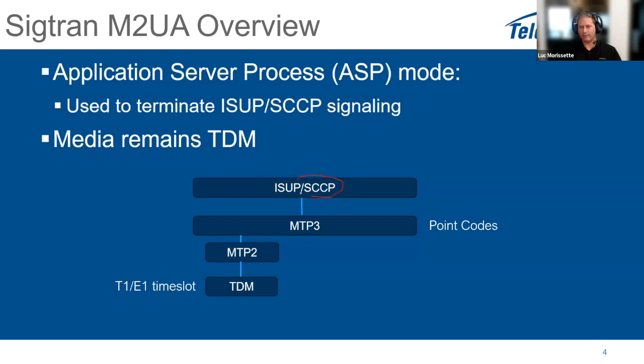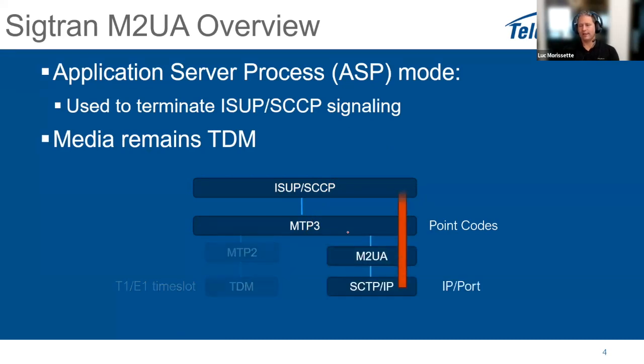The other layer that can terminate here is SCCP, and this is more for data type traffic over the SS7 network. Over SCCP, we have TCAP that runs here, and above TCAP we have other services. A good example is SMS packets being sent over the TDM network on an SS7 infrastructure.